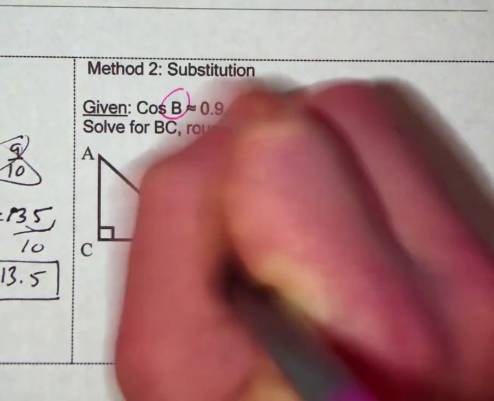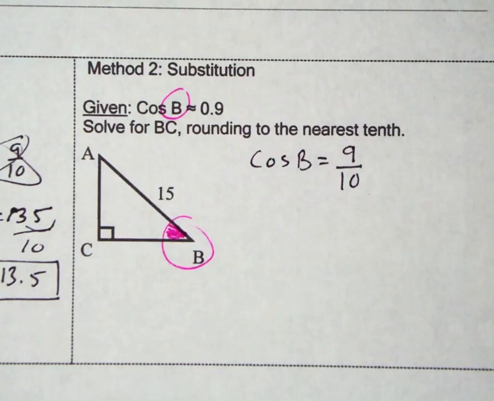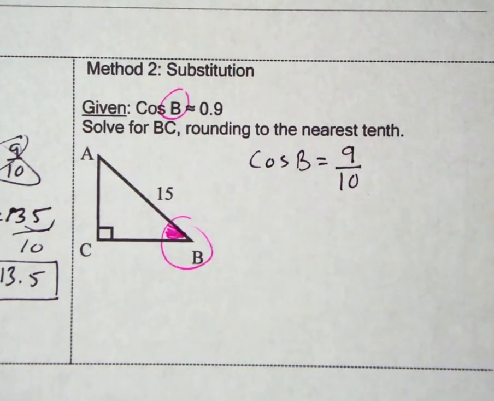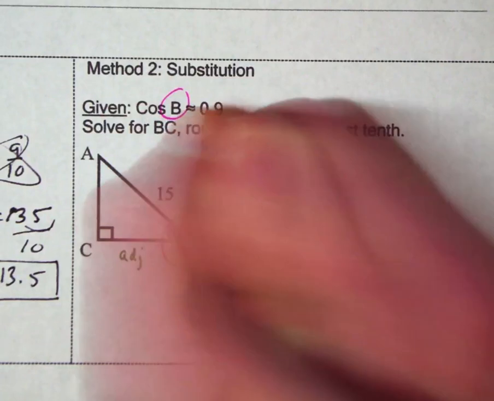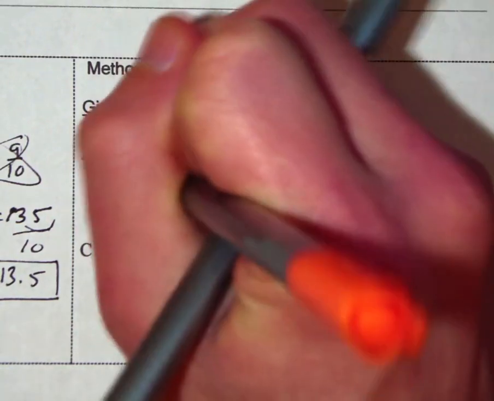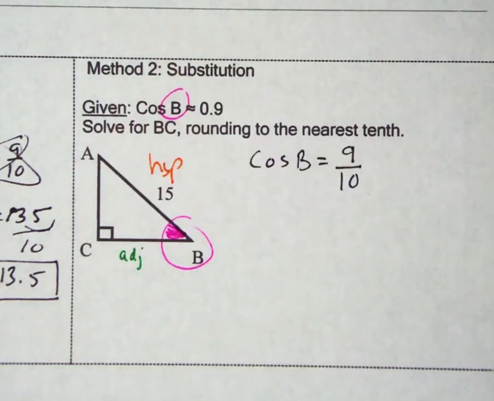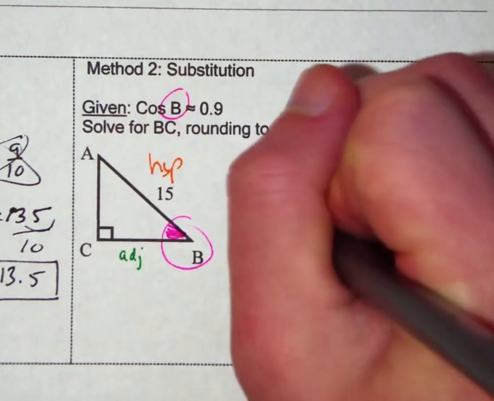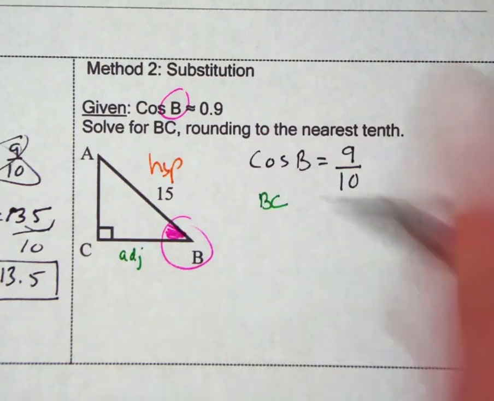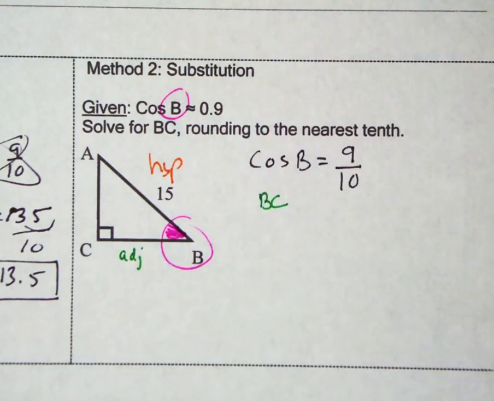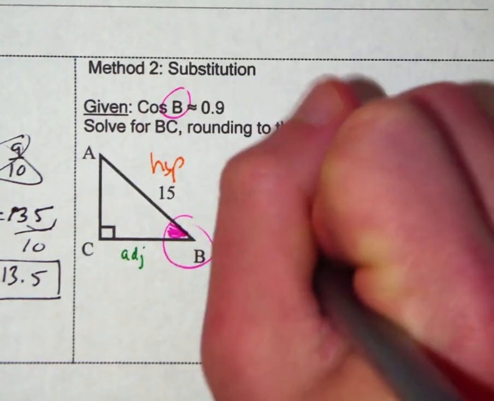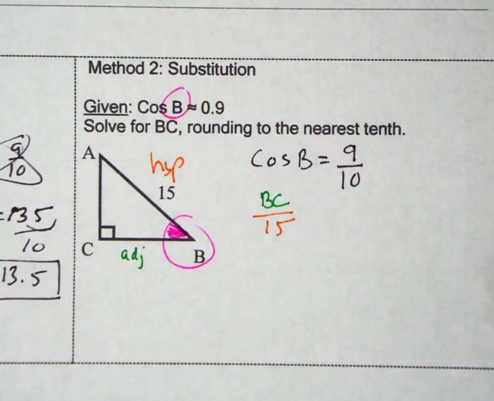This is still my reference angle. And what is the cosine of B? Well, in this case, that would be adjacent over the hypotenuse. And so we can just go ahead and substitute in. The adjacent in this case is BC, or maybe you wanted to call it X, doesn't matter, over 15.